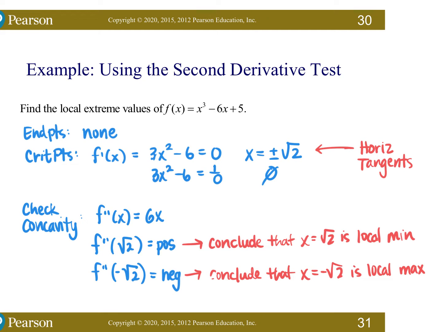So hopefully you can picture that. Horizontal tangent, negative concavity, that means that point is a maximum. So this is another way to prove maxes or mins. You can either do a plus-minus chart or you can check concavity, either one.